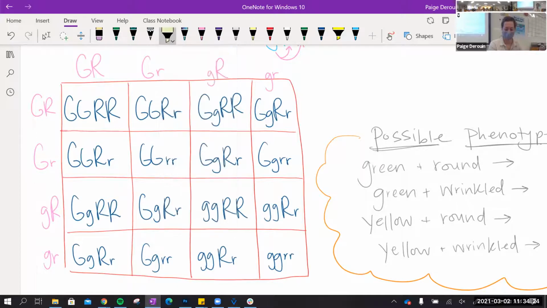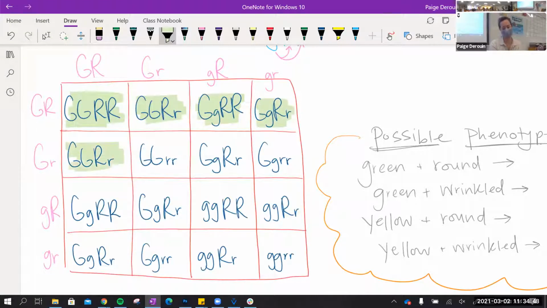So my first option is that I can have some peas that are green and round, and that means they're dominant for both traits. To be dominant for both traits, all they have to have is at least one big G and at least one big R. So this one has at least one big G and one big R. This one, this one, this one, this one.